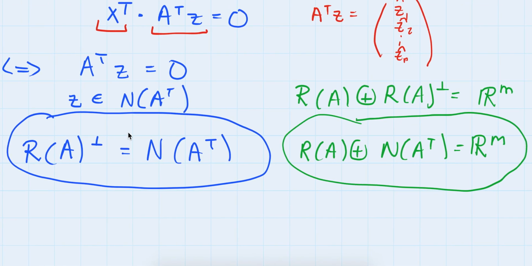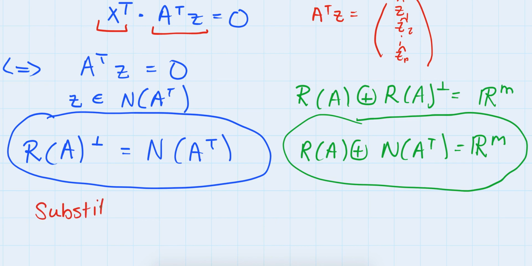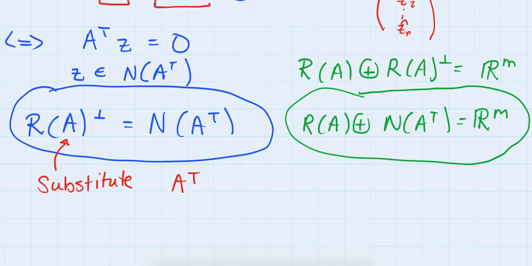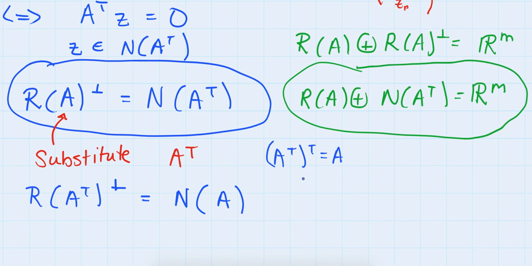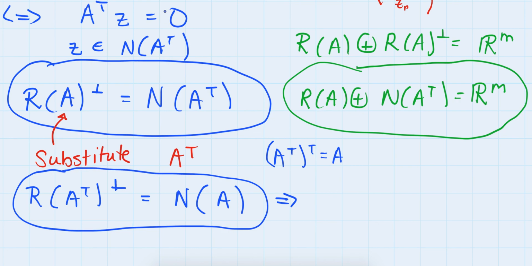Okay. Something else we can do is substitute A transpose in this, and we get that the orthogonal complement of the range of A transpose is equal to the null space of A, because the transpose of the transpose is A. And that tells us, let me circle this one, that if we add the null space and its orthogonal complement, we get the whole space.